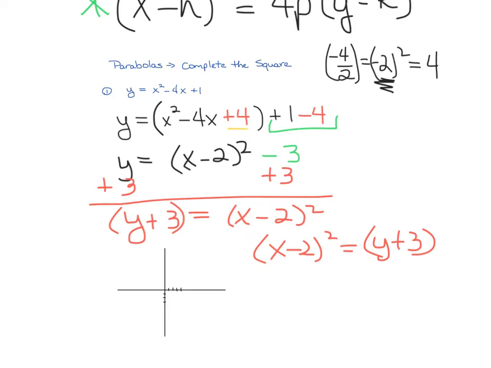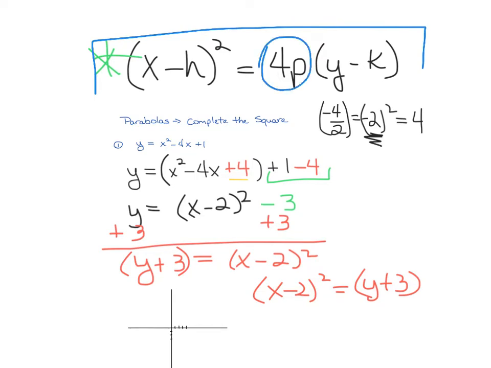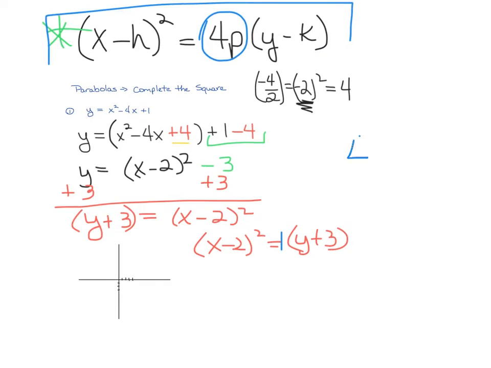If you remember from this equation up here, the 4p is located outside of the parentheses. I don't have a number there, but I can assume that there's a 1 there. So to find my p-value, I'm going to do 4p equals 1. I need to solve for p, so I'm going to divide both sides by 4, and p equals 1/4.